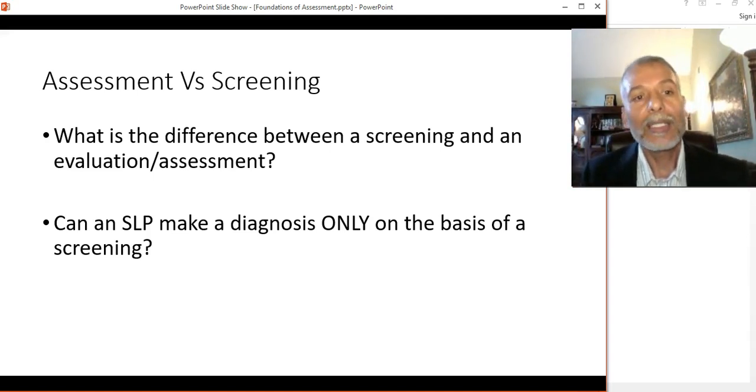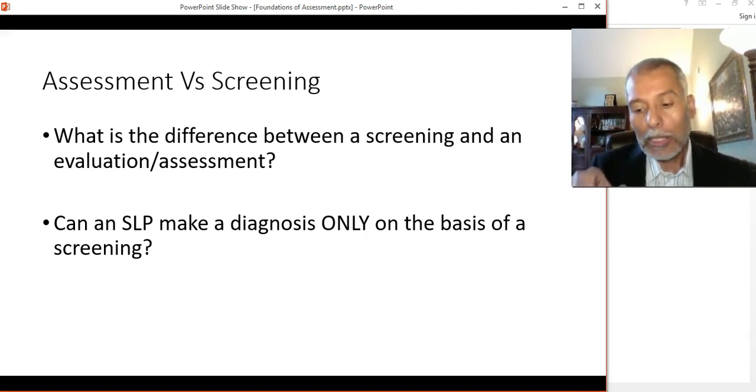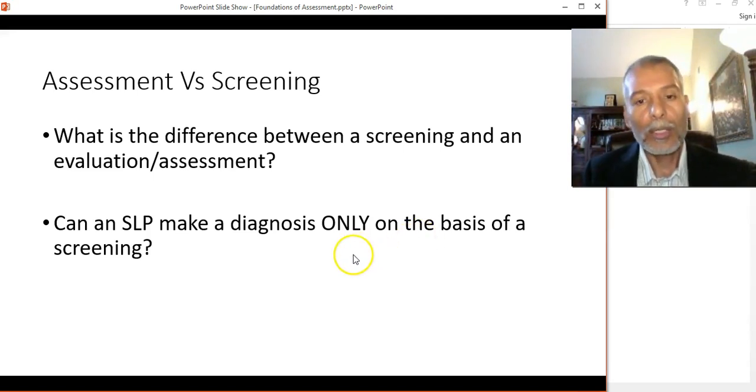In that case, for example, the testing scores are going to show a true disorder. It means, yes, you had the opportunities, but you are not performing up to the level of your typically developing peers.